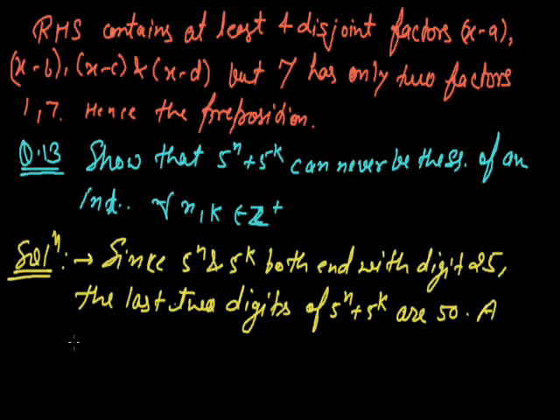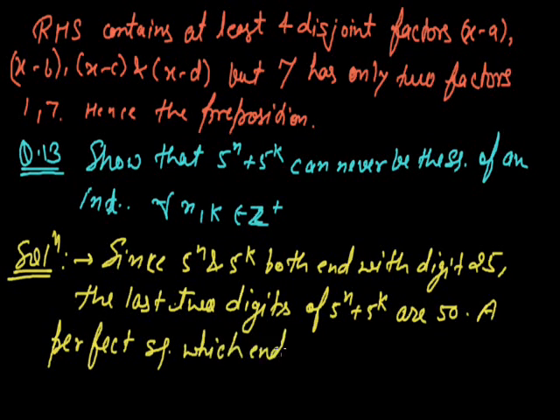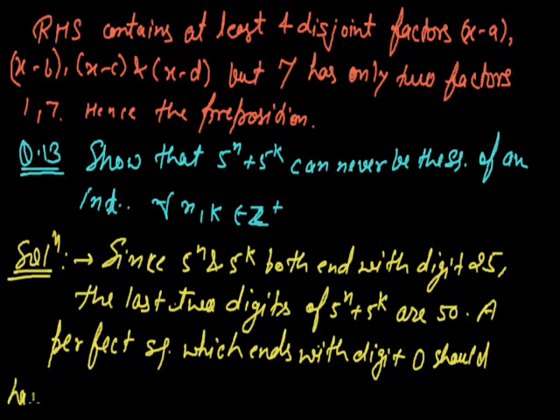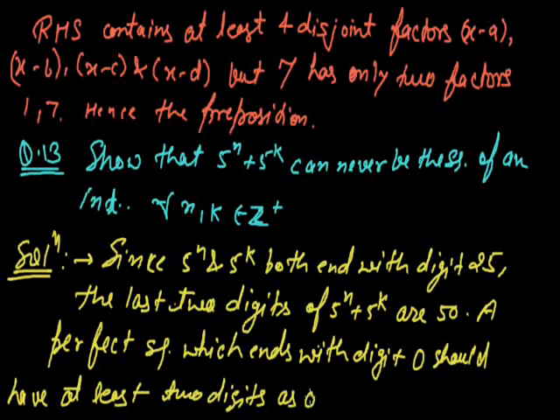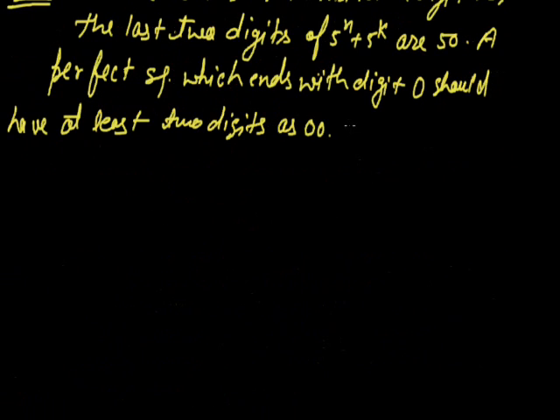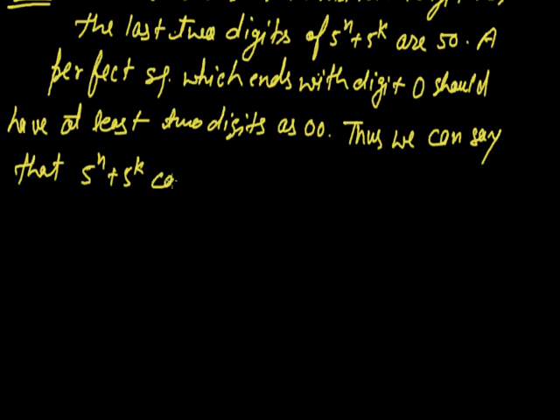Now as we know that a perfect square number which ends with digit 0 should have an even number of zeros at the end. That means it should have at least 2 digits as double zero. Thus we can say that 5 raised to power n plus 5 raised to power k can never be the square of an integer.